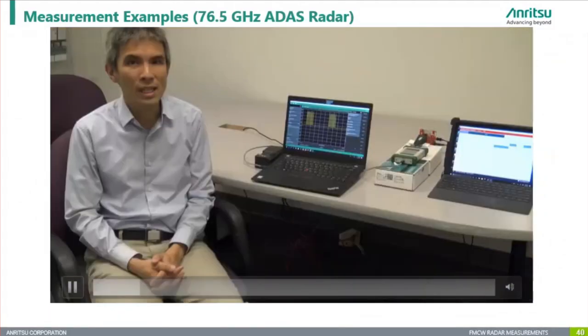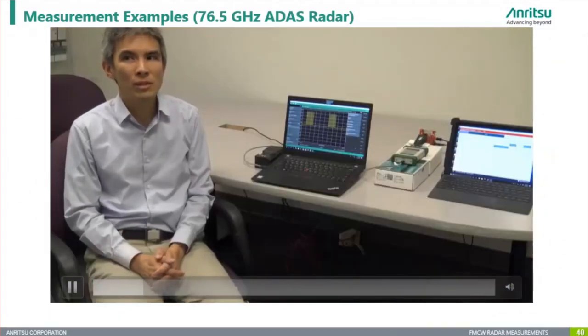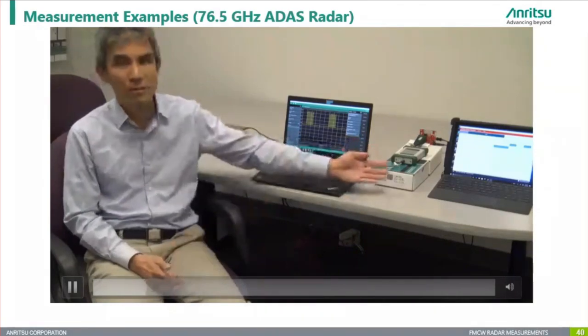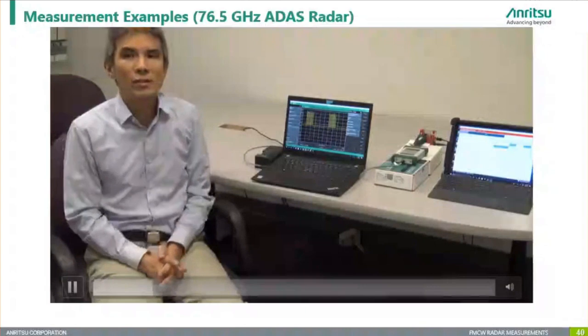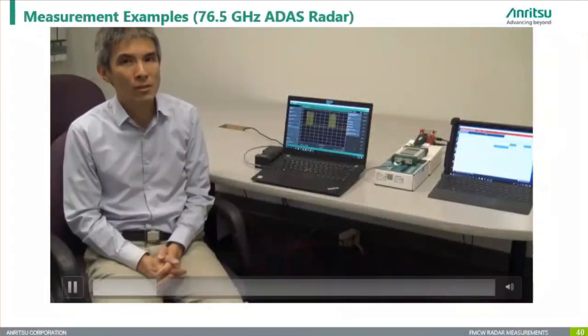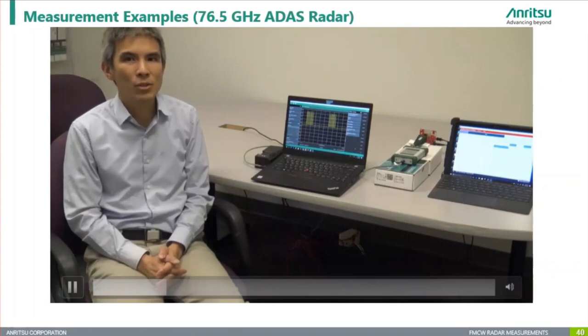The module is configured by software running on this tablet here. It is configured to send out a 1 gigahertz chirp from 76 gigahertz to 77 gigahertz. The chirps are organized into frames, each frame having 16 chirps. The frames repeat at a 20 frame per second rate.